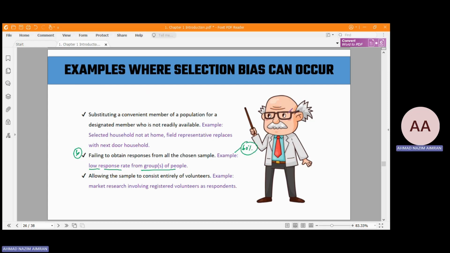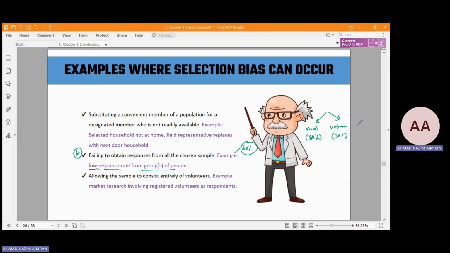Now, let's say we divide the population into two areas: rural area samples and urban area samples. The response rate at the rural area sample is maybe high, 80%. Okay, and the response rate at the urban area is 30%.